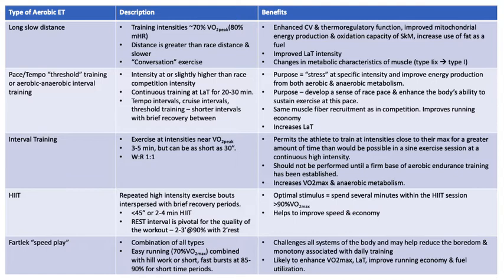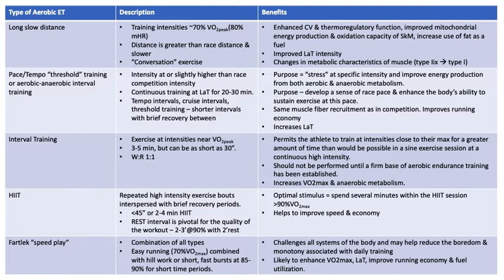Then there's pace, tempo, which is also known as threshold training. And this is when the talk test doesn't work, that you can't actually maintain a conversation with an individual because the intensity is just a little bit uncomfortable. So the intensity is at or slightly higher than race competition intensity.